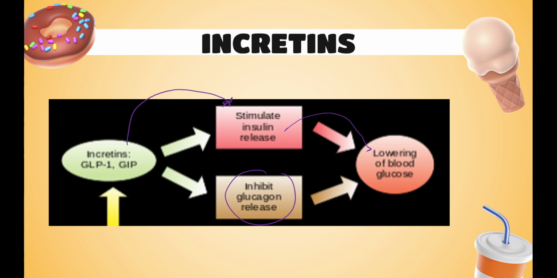Thus, again, lowering your blood glucose level. Another action ni incretin is, it is an appetite reducer, and incretins could actually promote weight loss. I am not sure, pero may nabasa po ako about incretins na sometimes it is what is being given to those who wanted to lose weight. Si incretins kasi nga, appetite reducer kasi siya.